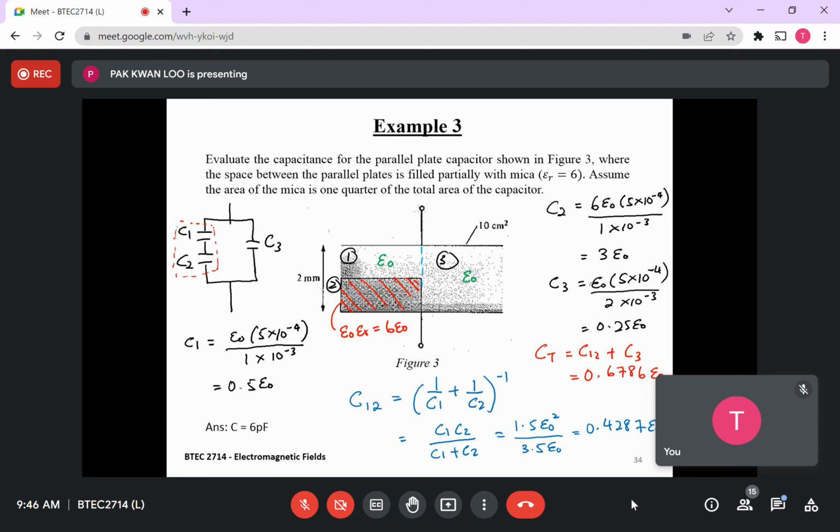We multiply epsilon naught into this number, using epsilon naught as 1 over 36 pi times 10 to the power of negative 9.